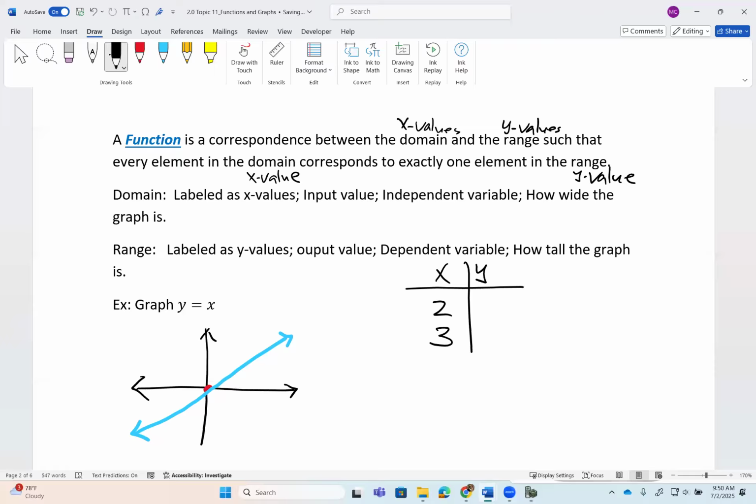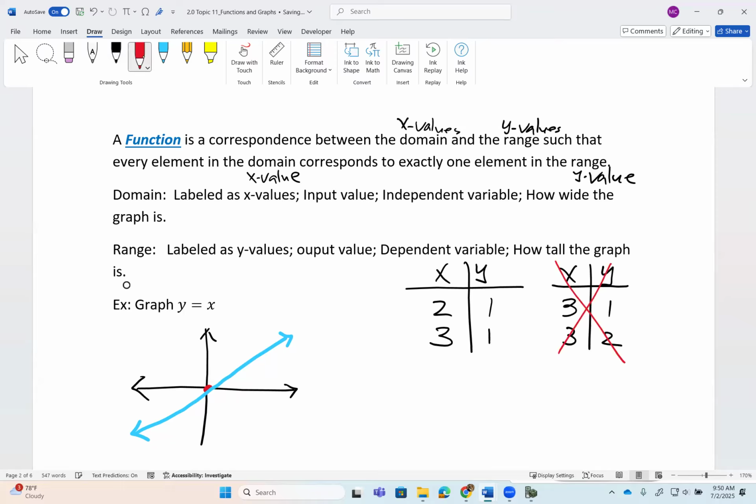Well, that's okay, as long as different x values correspond to a y value, I'm okay. What is not allowed is the same x value, like 3 and 4, excuse me, the same x value corresponding to different y values. That is not allowed.